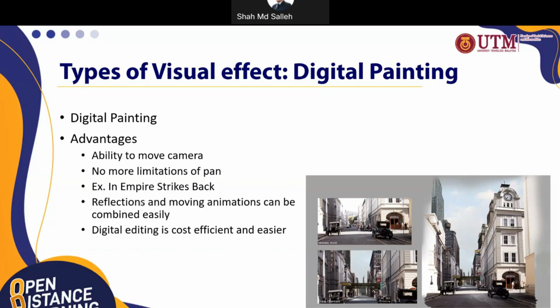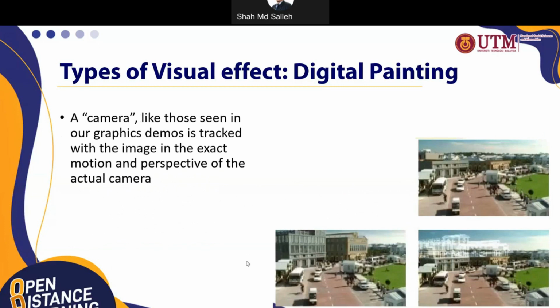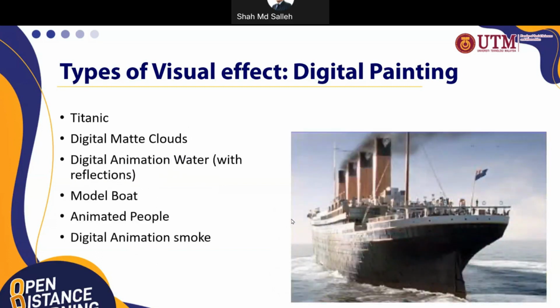In Empire Strikes Back, for example, reflection and moving animation can be combined easily. Digital editing is cost efficient and easy. This is also an example: the real situation, mapped with the digital painting, and then the final visual.